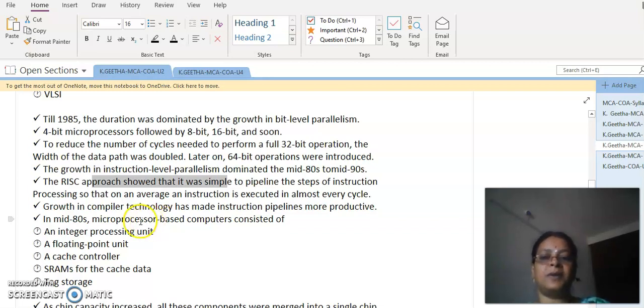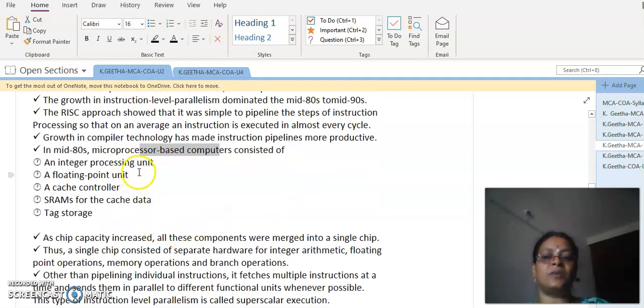And of course, in the mid 80s, microprocessor-based computers evolved, which contained a separate integer processing unit, a floating point unit, a cache controller, and static RAM for caching the data and for tag storage. So we have a separate integer processing unit and floating point unit, and that itself is going to support a kind of parallelism.